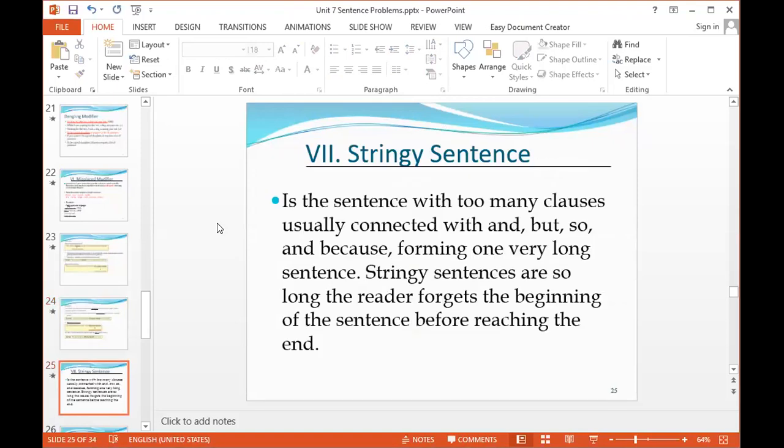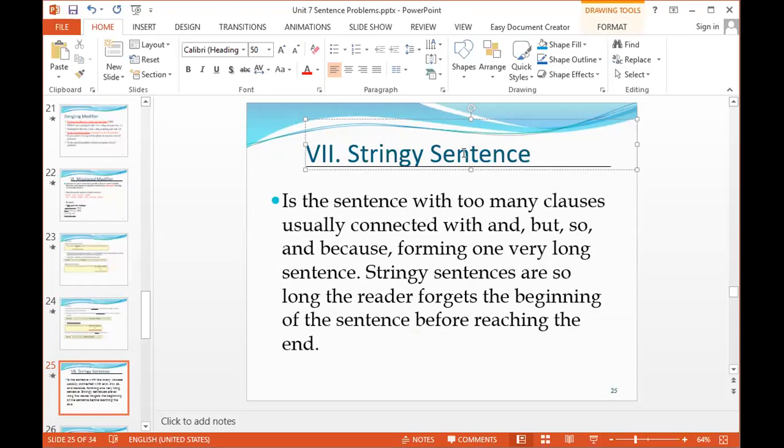Let's go to another one: stringy sentence. What does stringy sentence mean? A very long sentence, meaning you combine 5 or 6 sentences together. Usually when you write more than 4 sentences together, you commit this error that we call a stringy sentence.